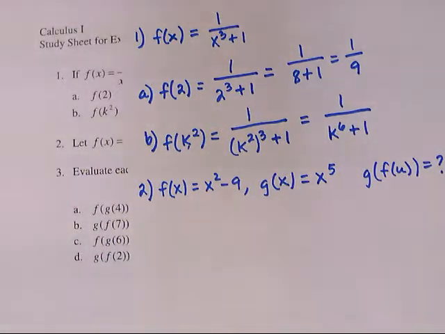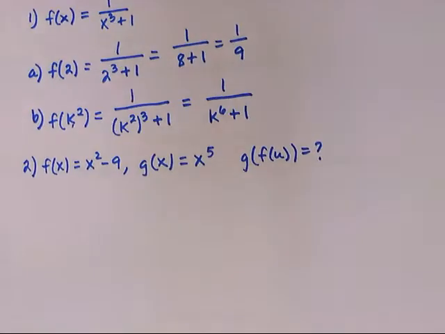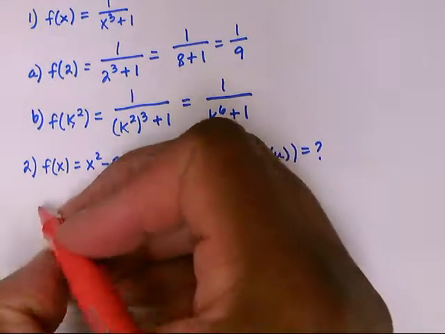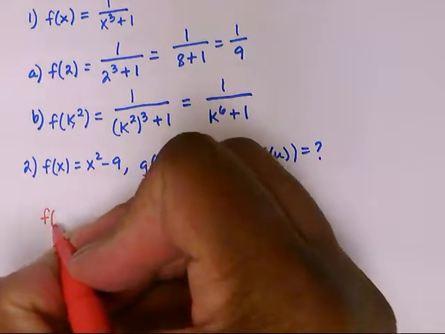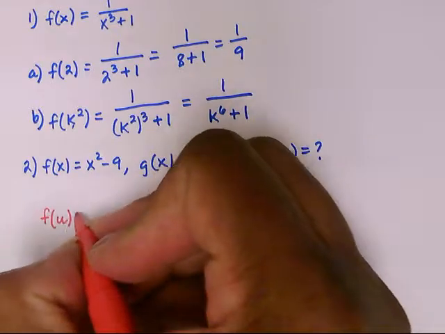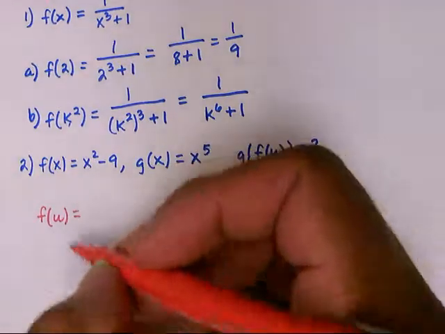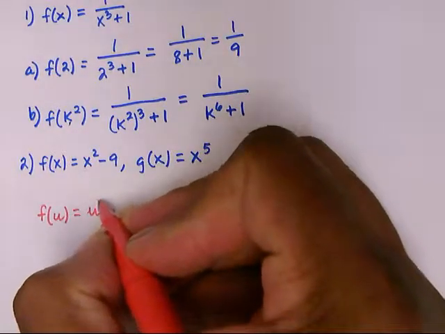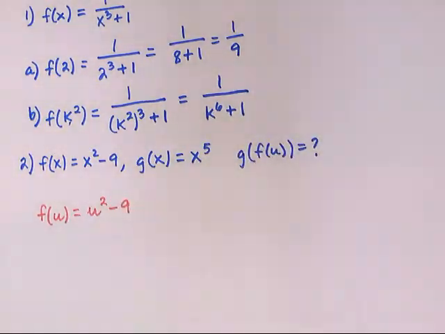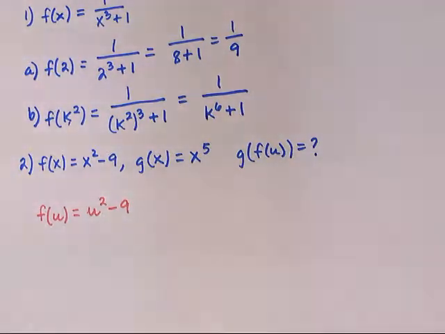Now notice the inside function is f of u. But let's go ahead and find out what f of u is going to be, since f of x is equal to x squared minus 9. So here for f of u, we just substitute the x with the u, so it will be u squared minus 9. So that's what f of u is going to be, u squared minus 9.